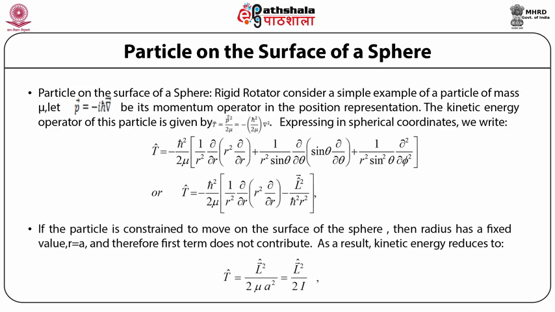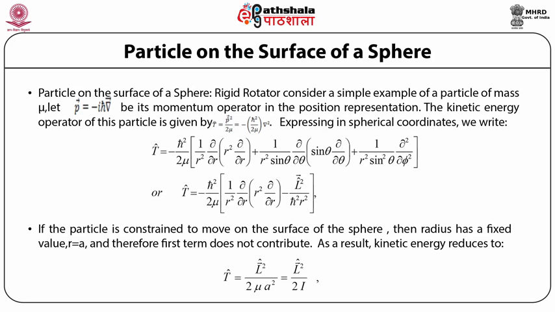So if a particle is constrained to move on the surface of a sphere, then the radius of such movement will always be fixed, having a value equal to the radius of the sphere, that is r is equal to a, and therefore the first term does not contribute.